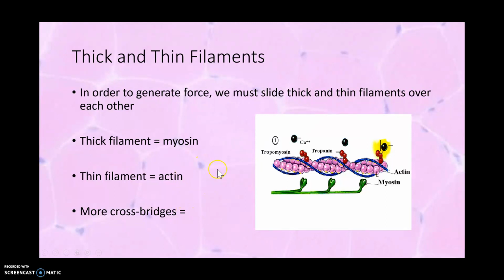Our thick filament is our myosin, which is right here, and our thin filament is our actin, right, which are over here, these little pearl-like things. The more cross bridges we have, the more force the muscle fiber can generate. Makes sense, right? So the more of these connections we have, the more we can overlap and pull on each other, and we will generate more force.